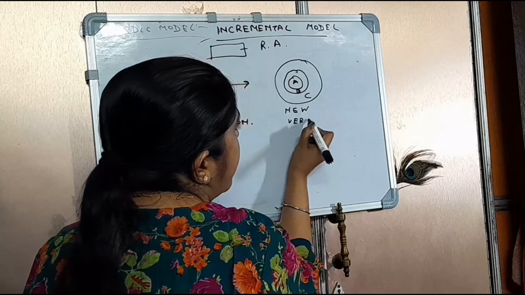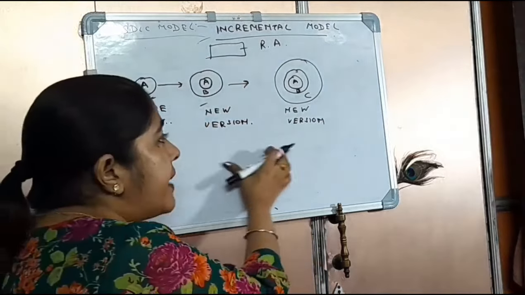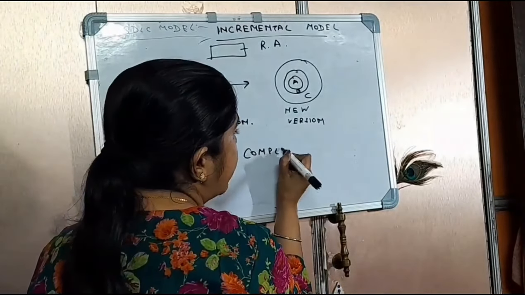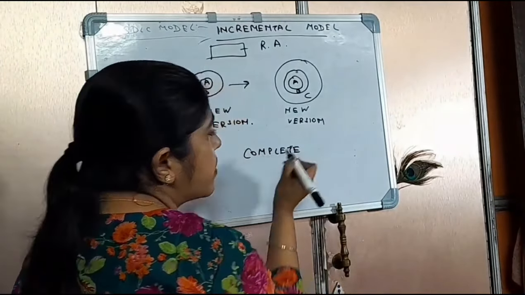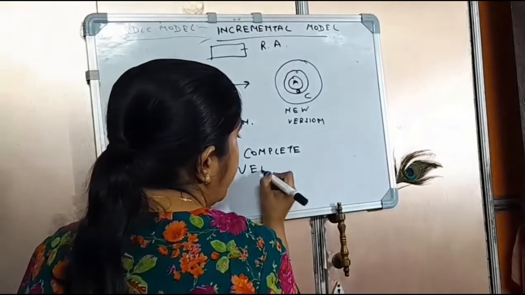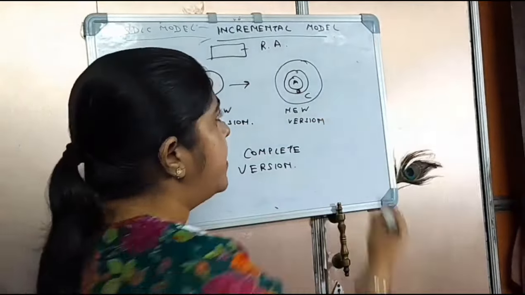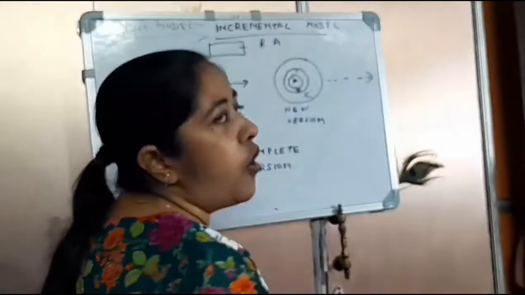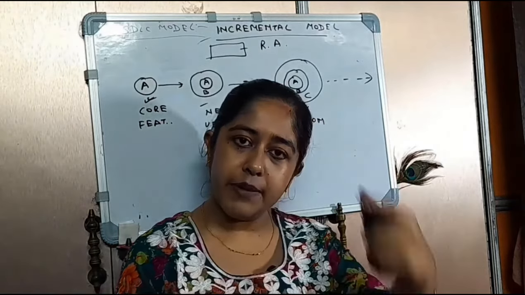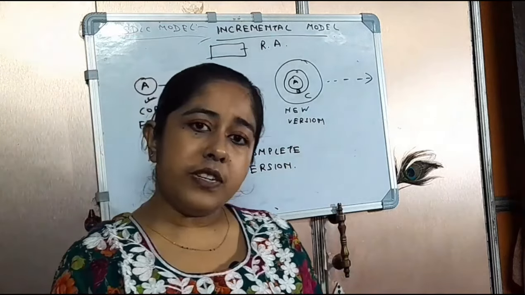So in the incremental model, until you get a complete version, that is, until the complete satisfaction of the customer is done, this incremental model will go on. Whatever you have done in this version, you give to your customer. When the delivery is received, they will give you some features.